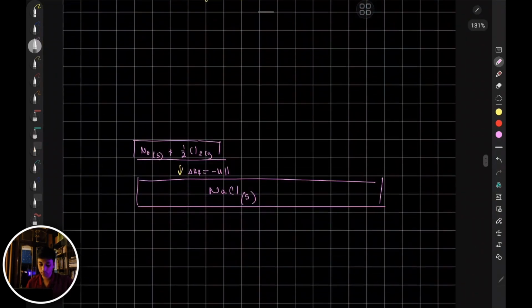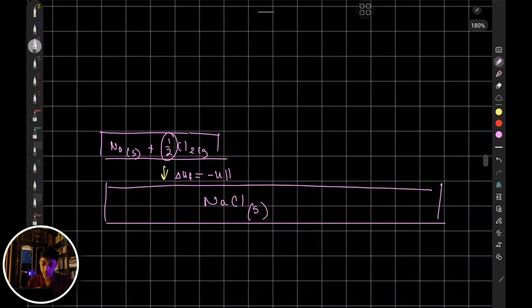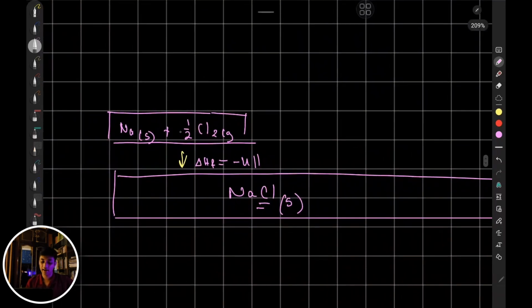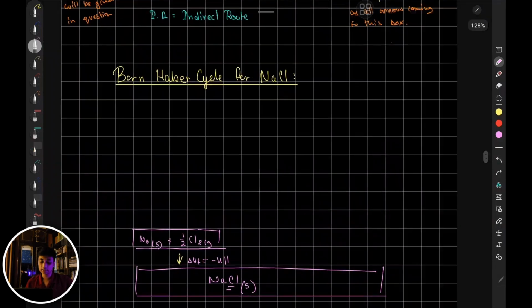Now also make sure you're adding the value half in front of Cl2, because you only need one atom of chlorine. Therefore, half times 2 is going to give you 1.